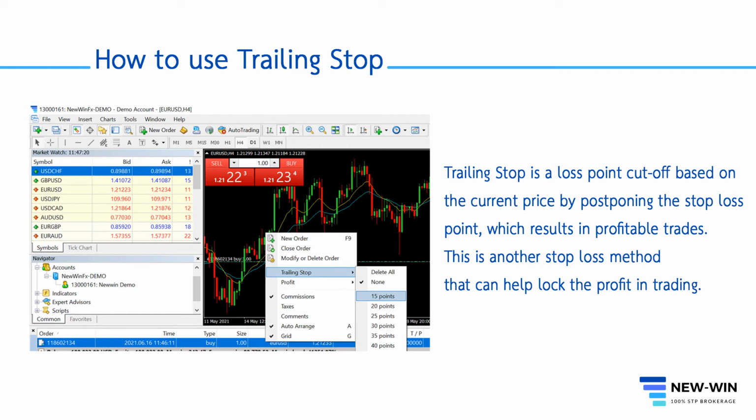To set trailing stop in MT4, traders just right click on the open order, choose trailing stop, then choose the point you want. This helps traders stop the loss and be able to make profit at the same time. Trailing stop is the way to stop loss after making any profit.